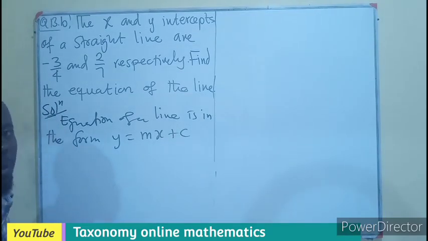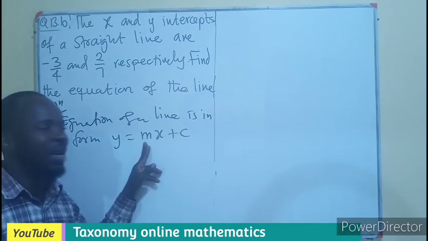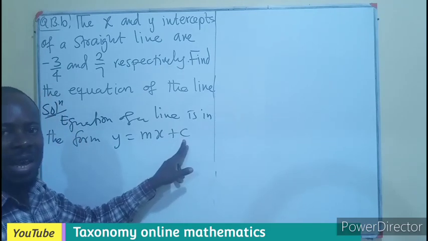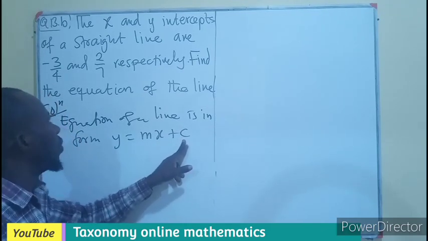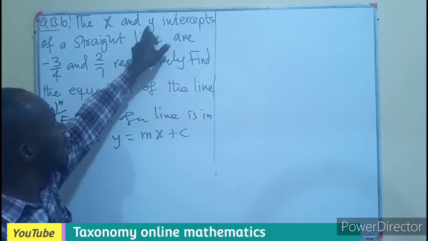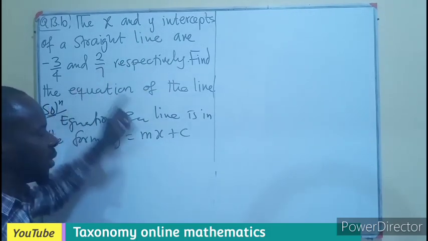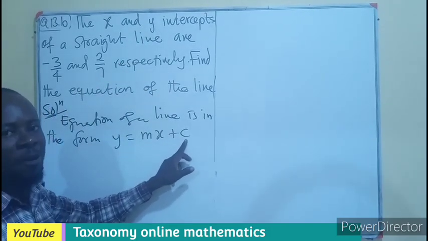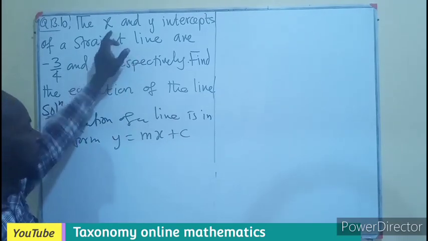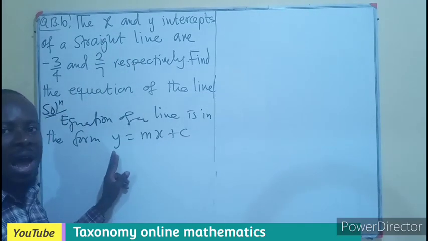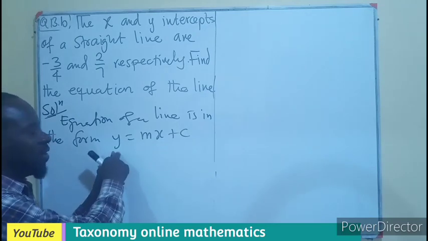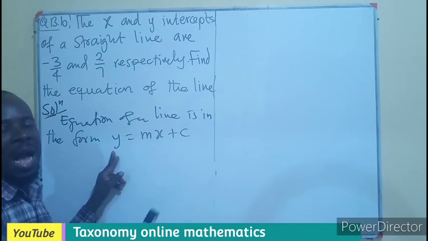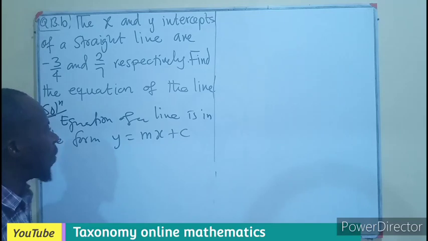It is always in this form, where m is our gradient and c is the y-intercept. So even mentioning the word y-intercept simply means that is the value we are having here. Then the x-intercept is where we make y 0. When y is 0, the value of x becomes the x-intercept.